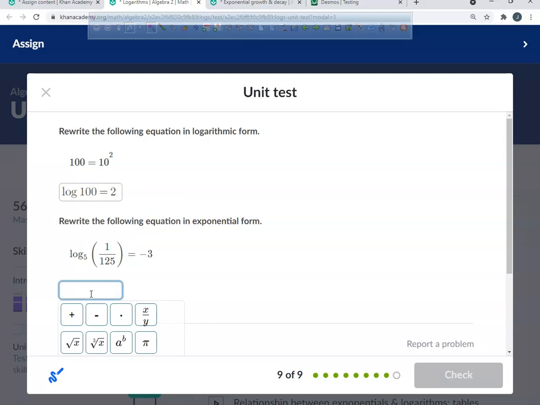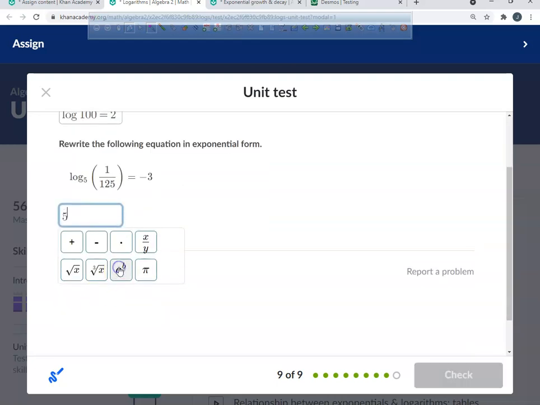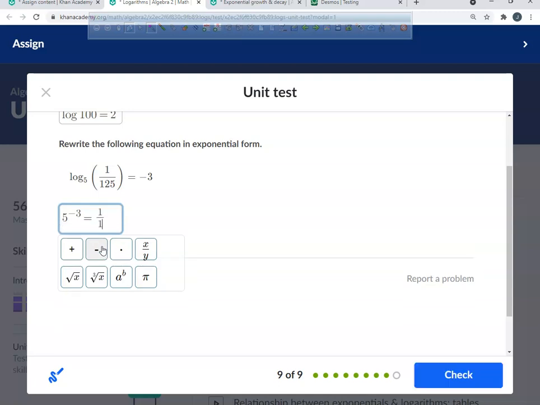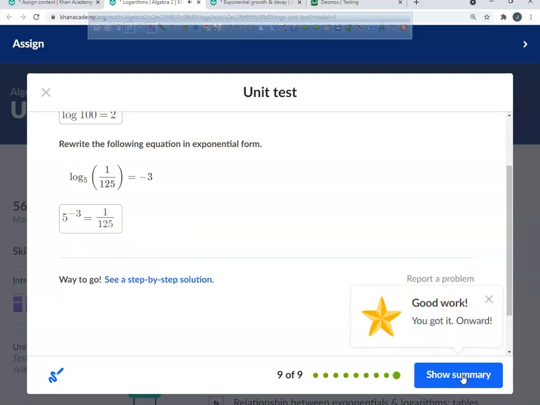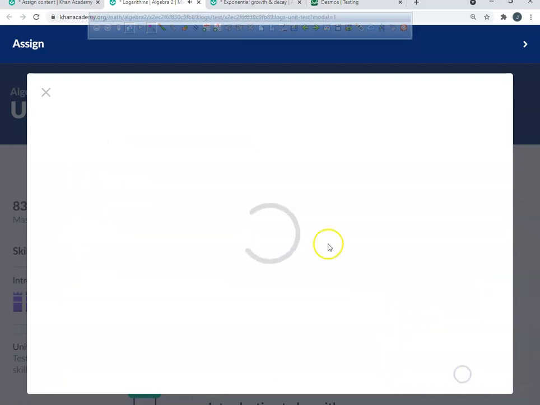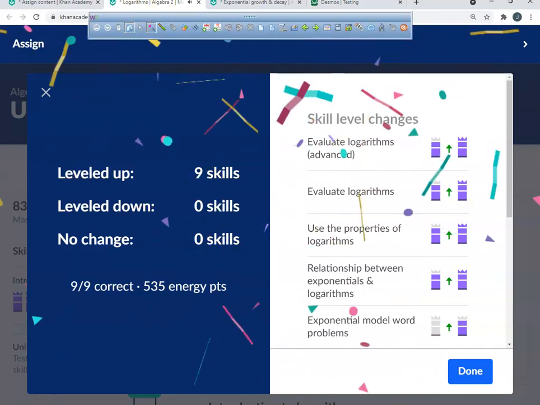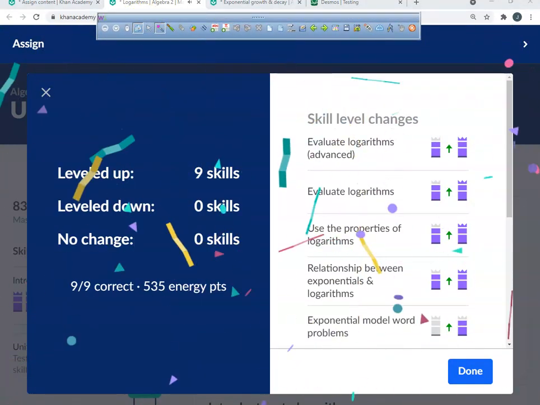And right here, I'm going to write 5 to the power of negative 3 equals 1 divided by 125. All right? That's it. And that's a whole unit test done from beginning until the end.